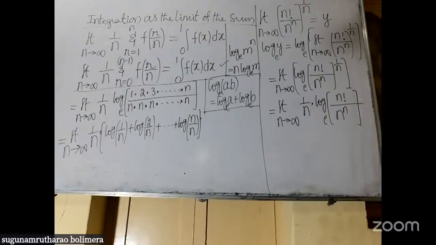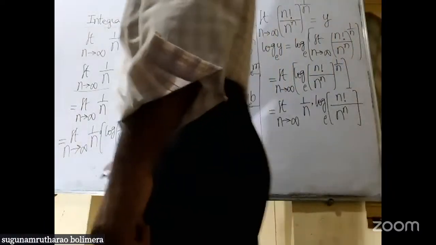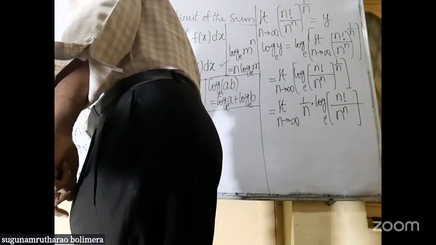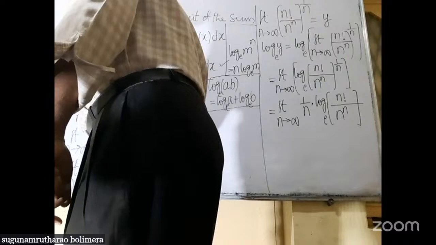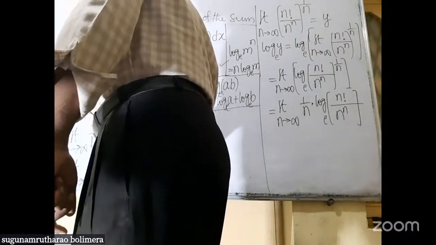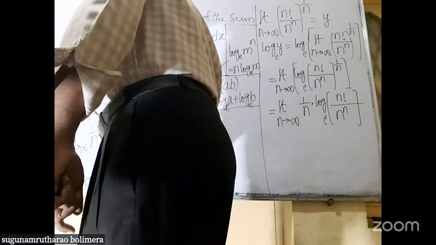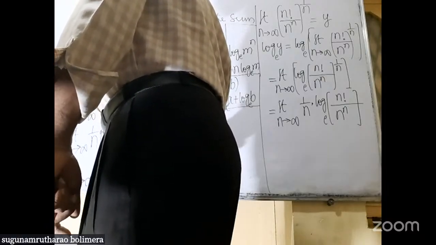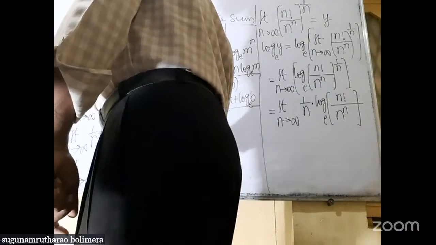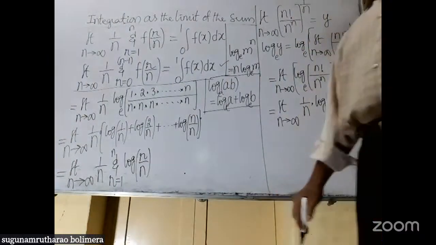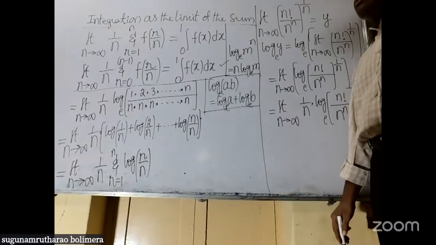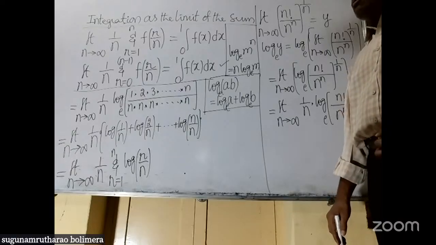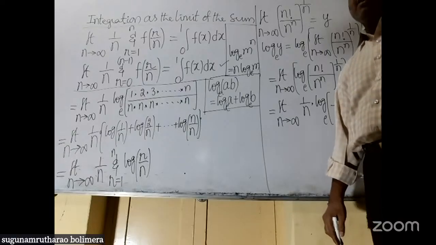So this you can write as limit n tends to infinity 1 by n summation r equals 1 to n logarithm of r by n.